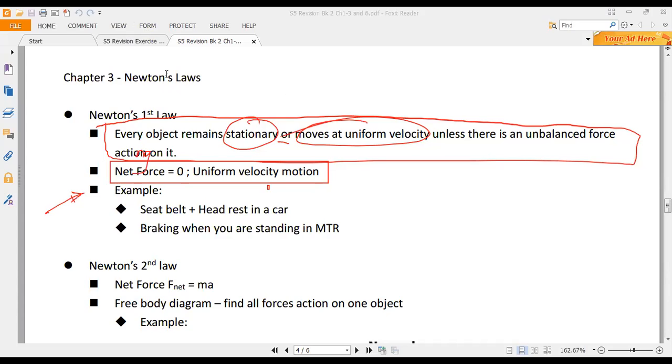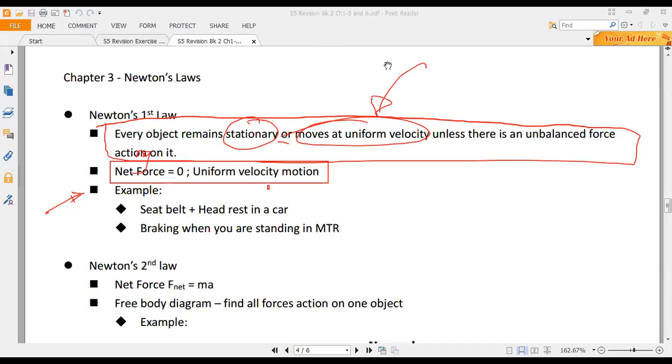For example, why are we using a seatbelt? Because when we are driving or you're the passenger, you're constantly going in a certain direction, maintaining a certain speed. However, if the car hits an obstacle, or suddenly we have to brake, due to Newton's first law, our body will keep the motion forward, leaving the seats and hitting the windscreen in the front.